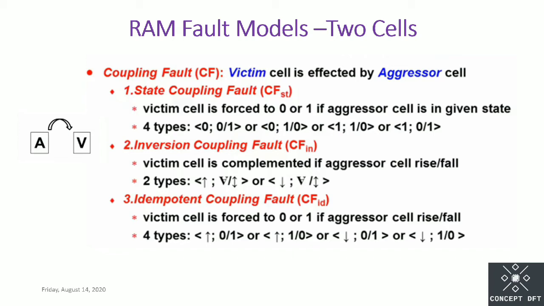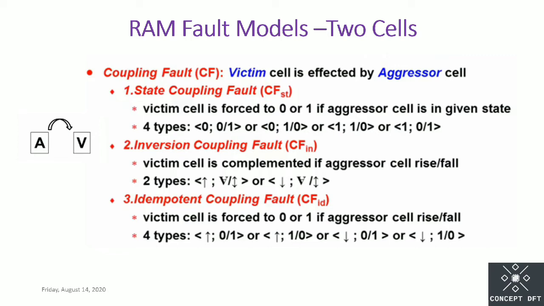Then third one and last type is idempotent coupling fault. In idempotent coupling fault, victim cell is forced to 0 or 1 if aggressor is rising or falling. Again, four types are there. If aggressor is rising, then victim cell will change its state from 0 to 1.